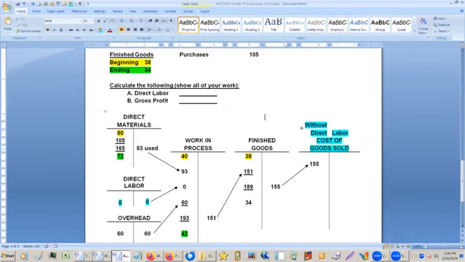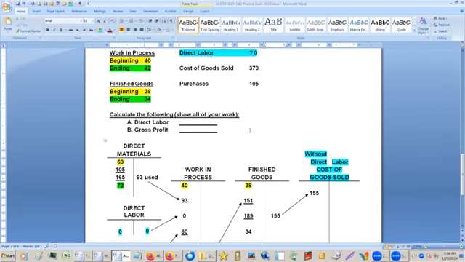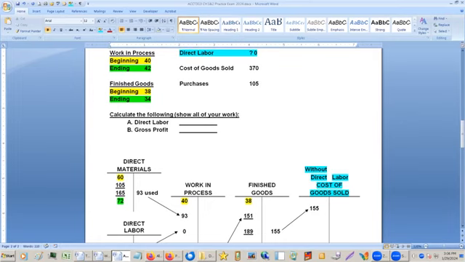Okay. So let's see. We have our cost of goods sold, the 370.